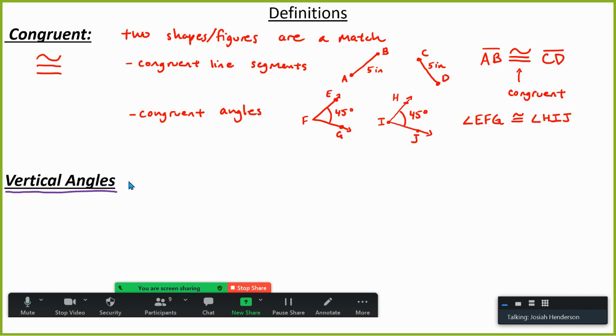So vertical angles in math, what this means is that two lines are crossing and the vertical angles are the opposite angles. They're across from each other. So I'm going to write that down and we'll draw a picture. Two lines are crossing.